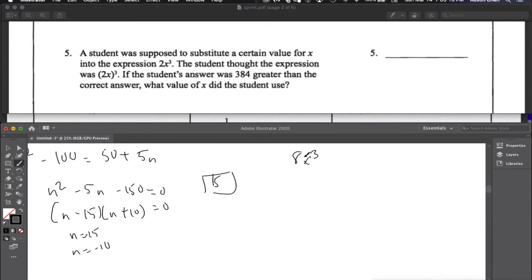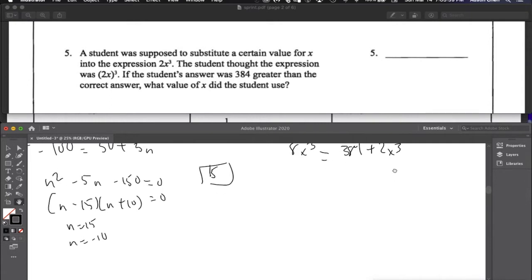Or you can say, the student's answer was 384 greater than the correct answer. Just by that wording, you're saying the student's answer, which is 8x cubed, is 384 greater. So you add that to the correct answer, 2x cubed. And the correct answer was 2x cubed, right?